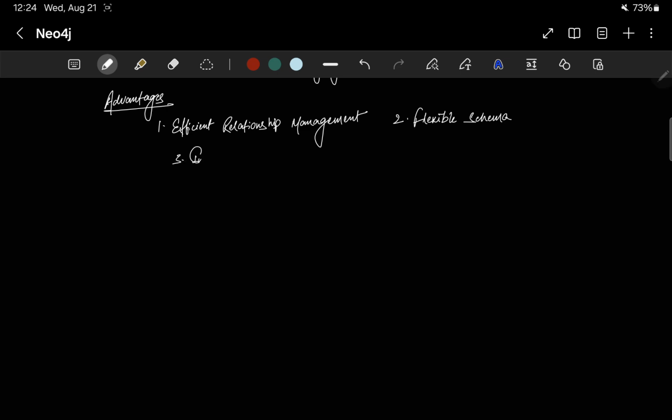Next is intuitive querying. Cypher's pattern matching syntax is intuitive and powerful, allowing developers to write complex queries with ease. You already saw that before, how easy it was to find out all the friends of a particular person, right? Next is scalability.